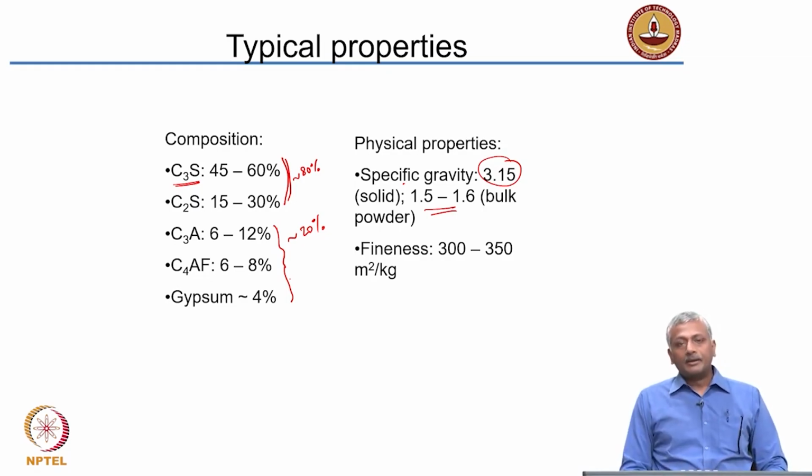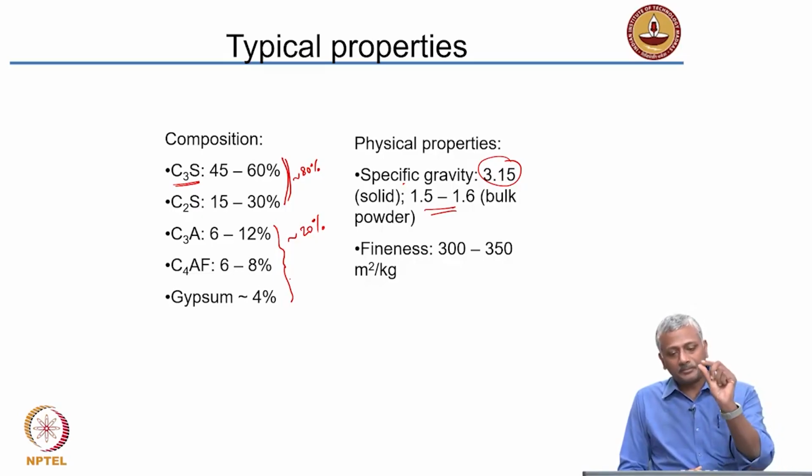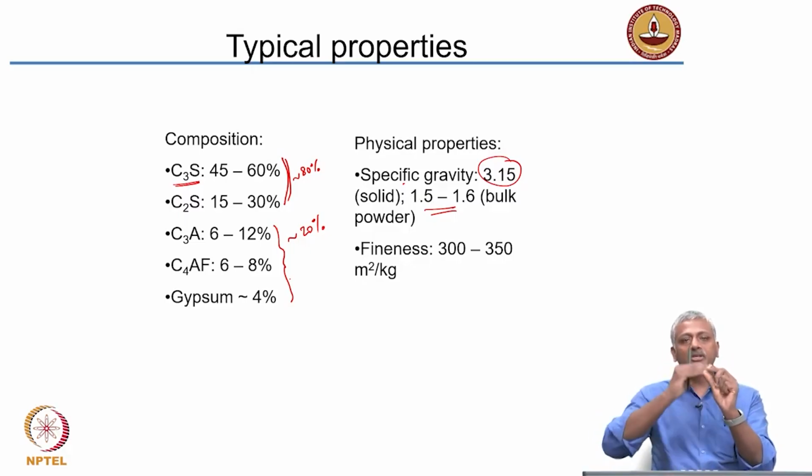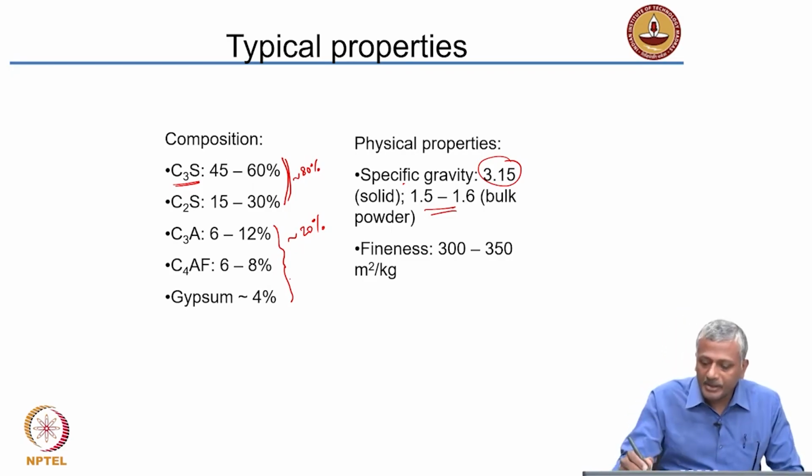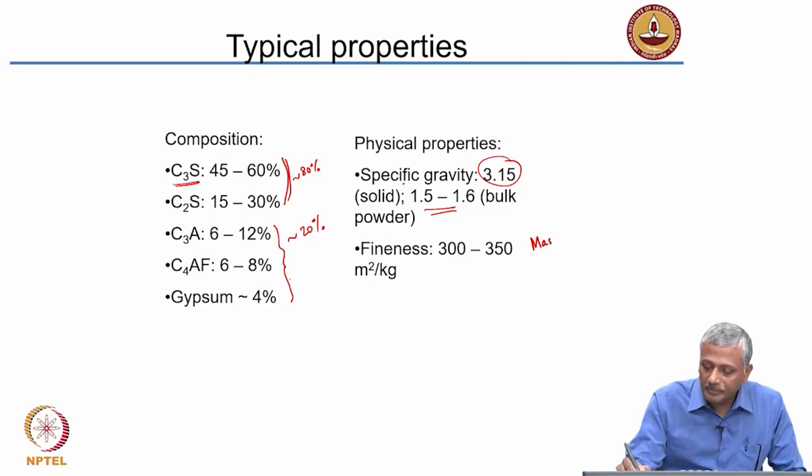Fineness of cement is expressed typically in terms of a surface area. If you take 1 kilogram of the cement and you were able to measure all the surfaces of the cement and represent that as a surface area, that is what is called the mass specific surface area.